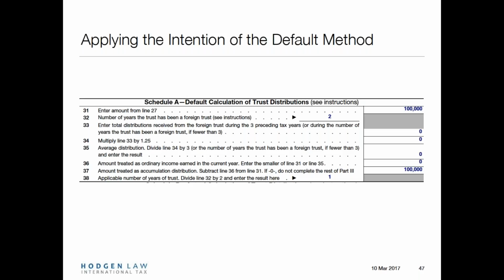Same idea, but 0 divided by anything is still 0. And what that results in is that the entire thing is an accumulation distribution. So this is my alternate interpretation, applying what I think is the philosophy behind the default calculation method. It's worse for the taxpayer, so I'm a big believer in the literal interpretation of the Old Testament, and we're going to use the less bad solution for the client.